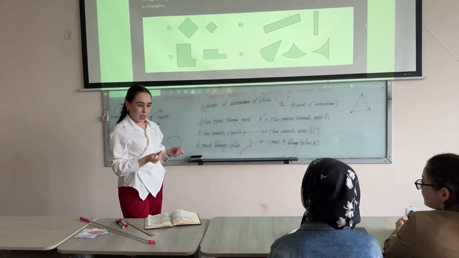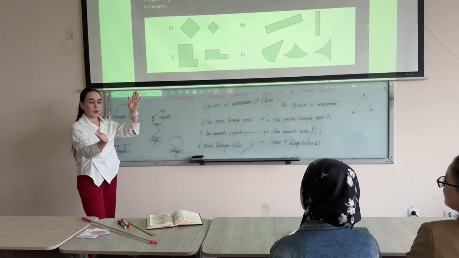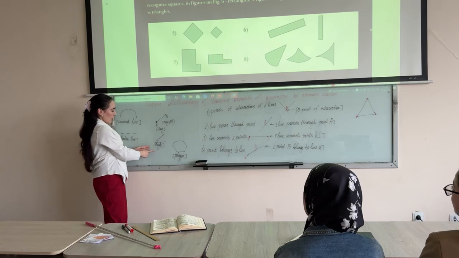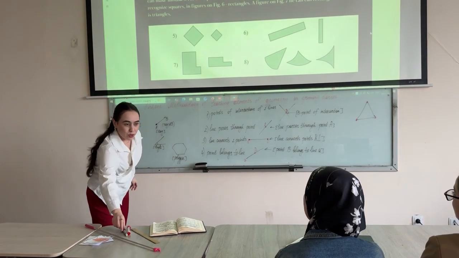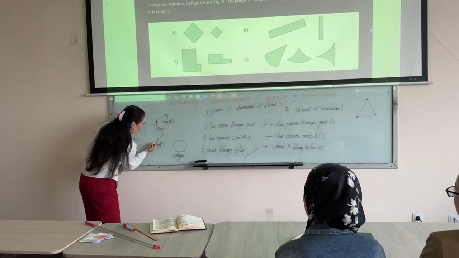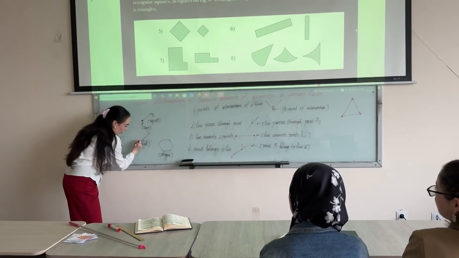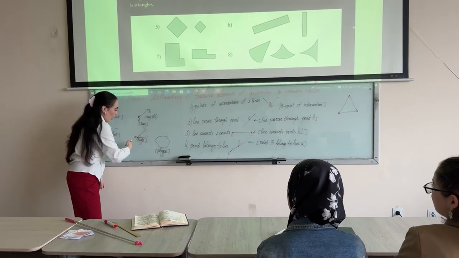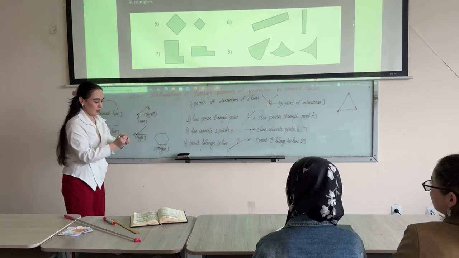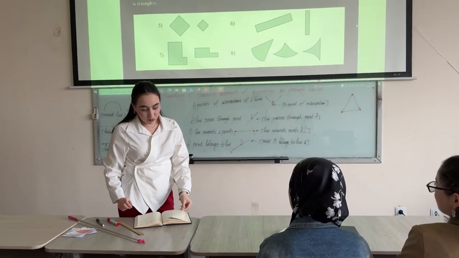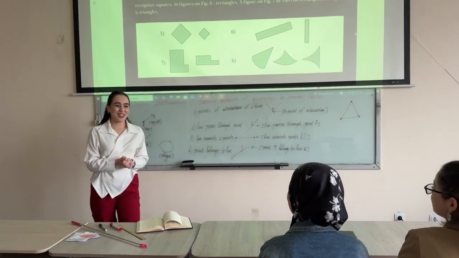Sometimes we can make two lines which go from one point. For example, here it's an angle, yes? If we put a point here, we will understand that this angle comes from the point, for example A, and it has two straight lines. Yes, this is an angle. That's all. Thank you for your listening.